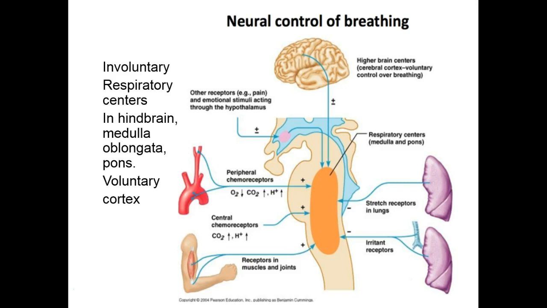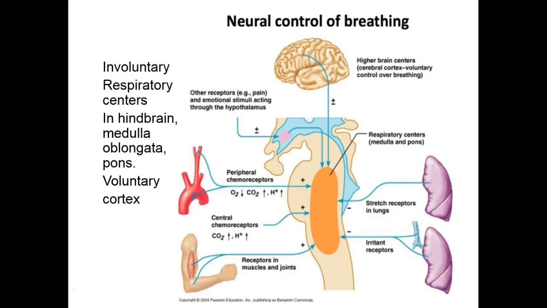And then you have this image of increase or decrease of oxygen or carbon dioxide, and how that will cause a positive or negative effect with regard to rate and rhythm.